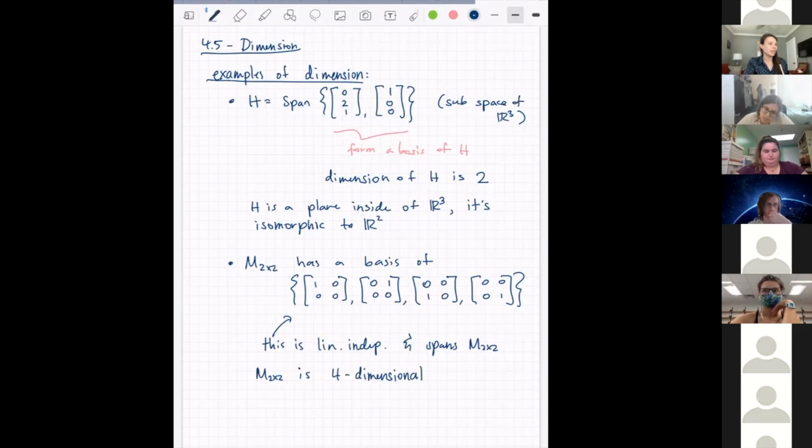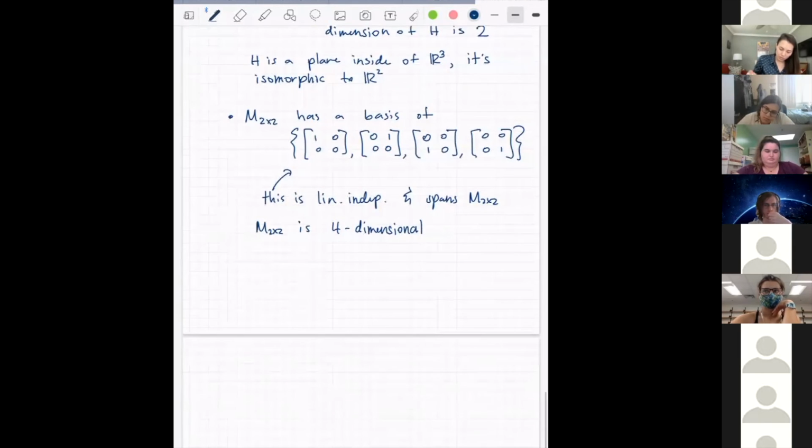Okay. And let's do one more example. So we could look at the space H. This will be a subspace of P2. And this will be the set of polynomials of this form, a(1 + x) + b(x + x squared), such that a and b are scalars.